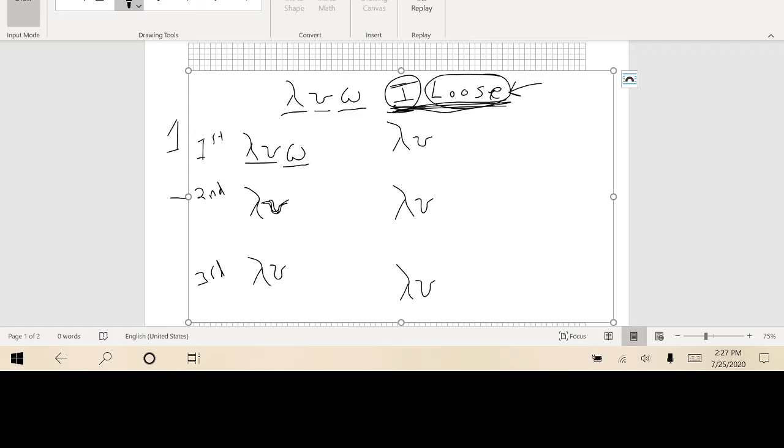Declension is a fancy word that just means like endings, okay? So these are the second declension endings. So the first one being omega at the end of our stem, Lu-o. So this makes a hard O sound, the omega. Lu-o.